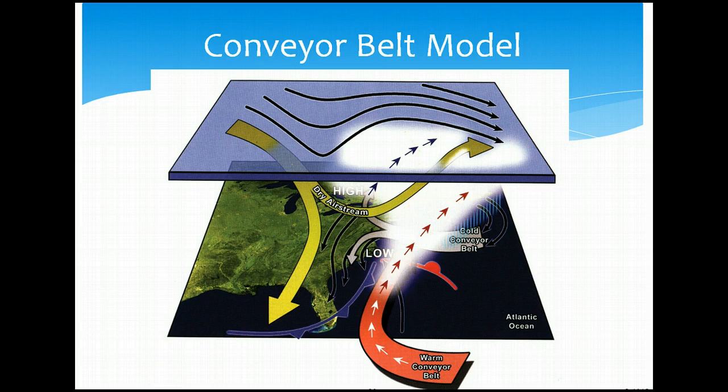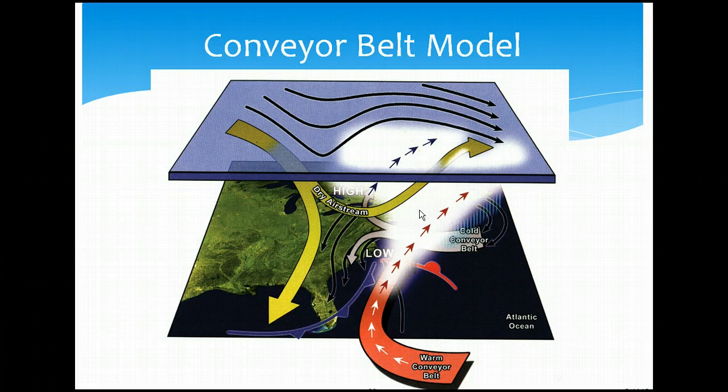Like the warm conveyor belt, this air ascends as it progresses towards the west. Warm frontal precipitation falls through the cold airstream, increasing the relative humidity to saturation so that clouds and precipitation develop from this cold conveyor belt.